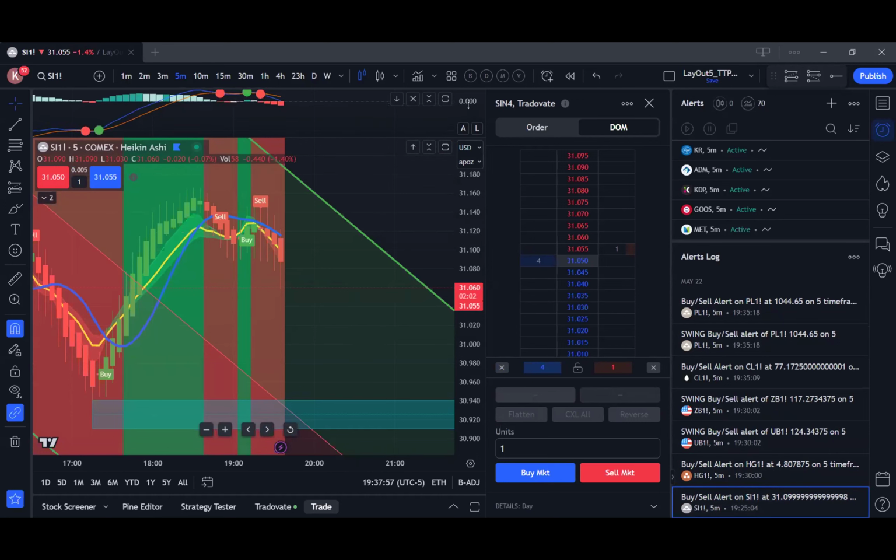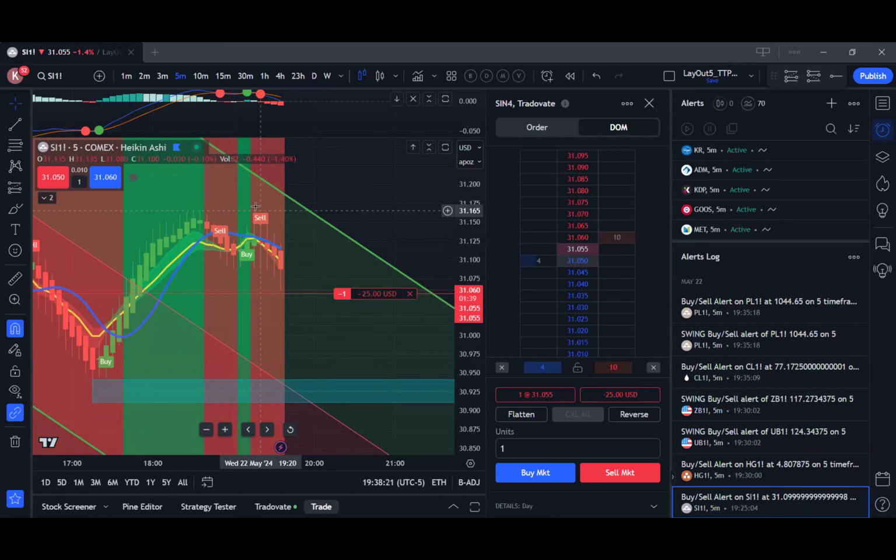Because silver is also looking good. Again, it is close to the top. We got a sell here. Background is red.